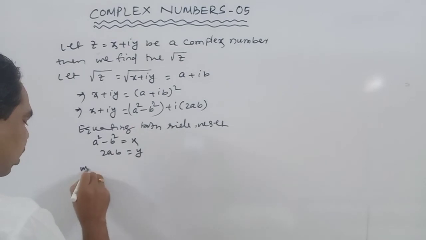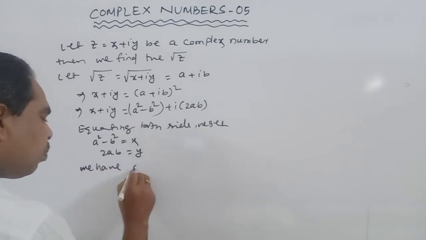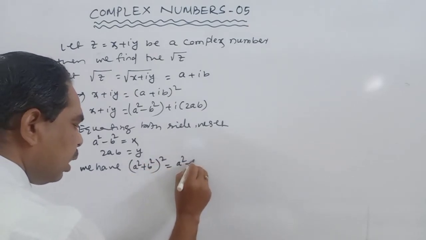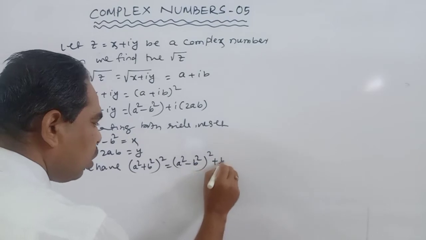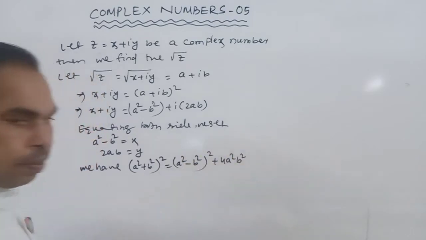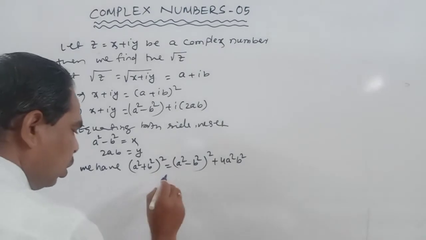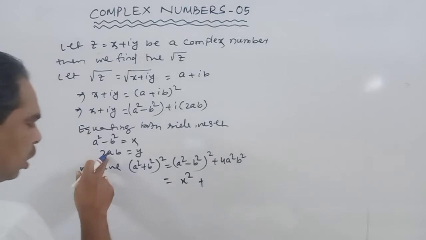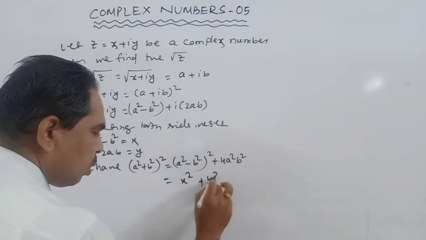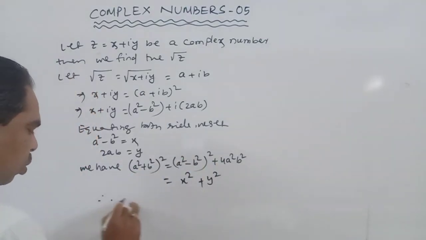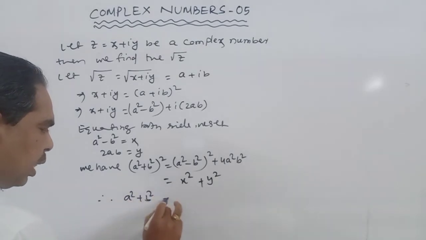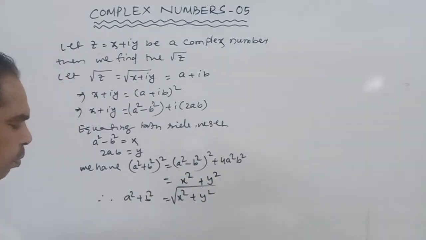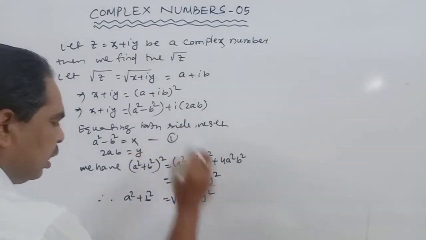So we have (a square plus b square) whole square is equal to (a square minus b square) whole square plus 4a square b square. This is x square plus 4a square b square, that means (2ab) whole square, that is y square. So therefore a square plus b square is equal to square root of x square plus y square. Okay, this is equation 1, this is equation 2.